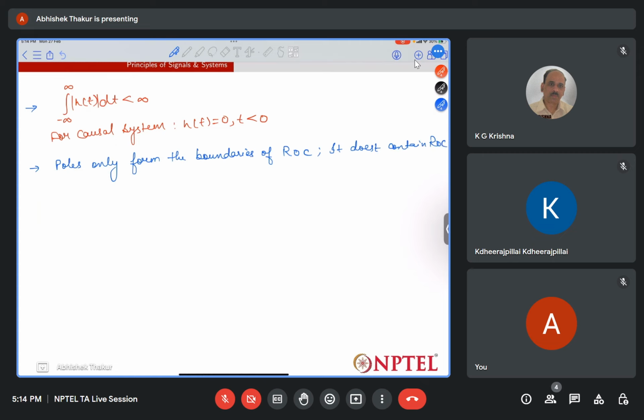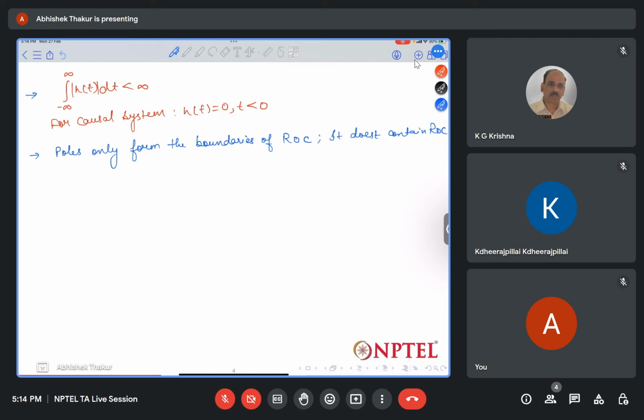So let's suppose we have a right-sided ROC, meaning the region of convergence is right-sided, and this value is alpha.